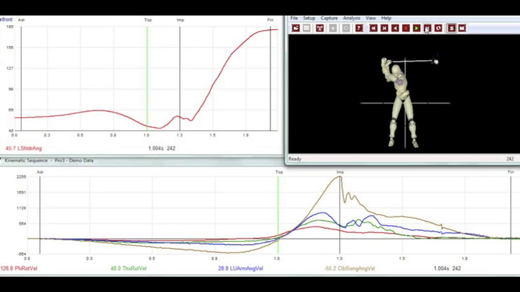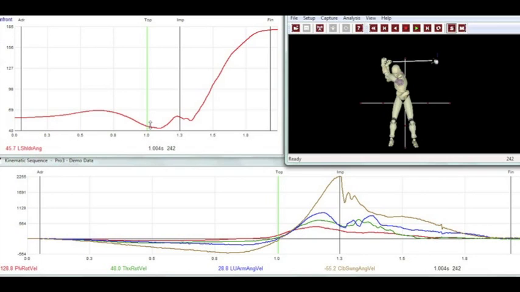What we want to do here is reference how the interplay between the left arm and the trunk, as shown in this graph, signifies whether the golfer is utilizing a stretch shorten cycle, and ultimately how this relationship plays into the acquired rotational and angular velocities as shown in the kinematic sequence.